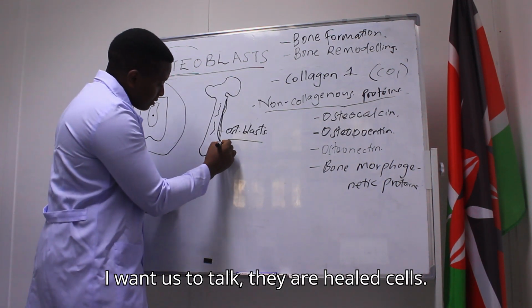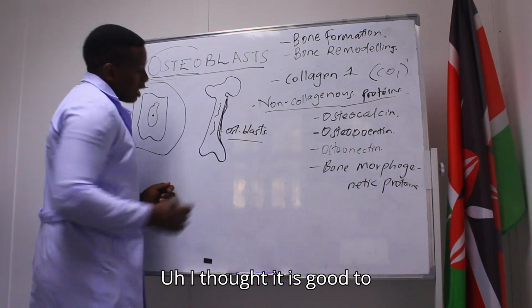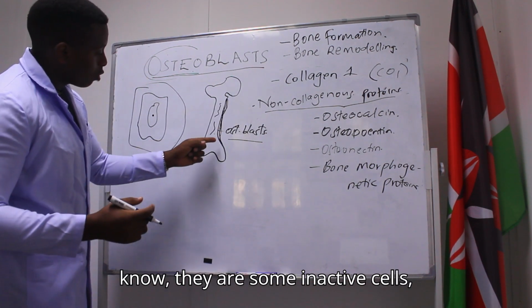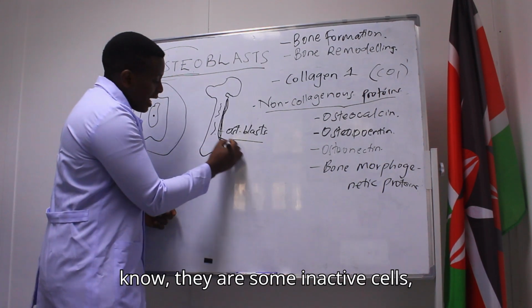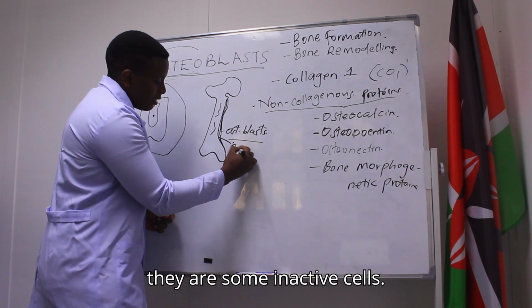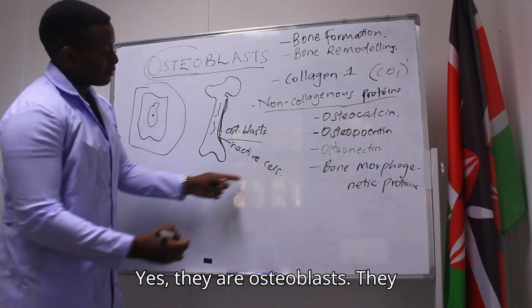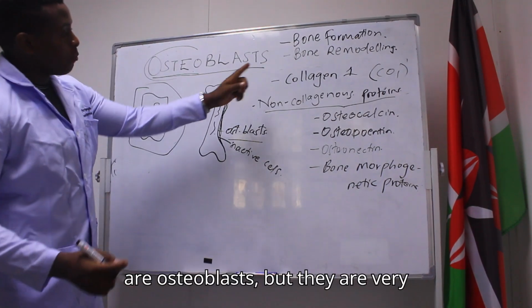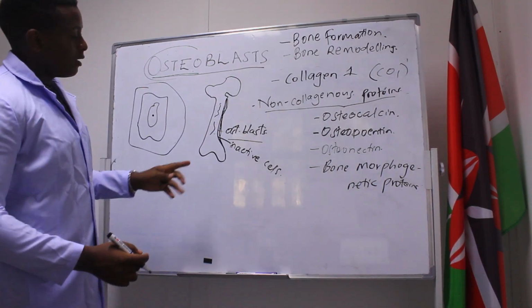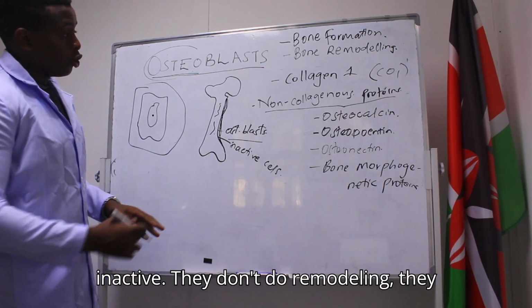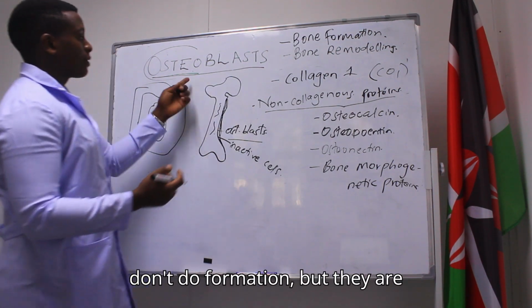I thought it is good to know that there are some inactive cells. Yes, they are osteoblasts, but they are very inactive. They don't do remodeling and they don't do formation, but they are osteoblasts.